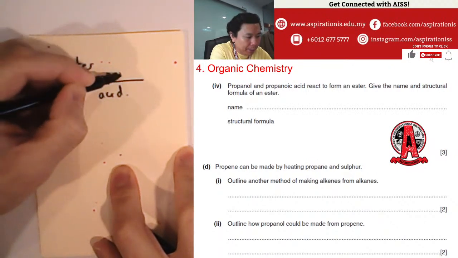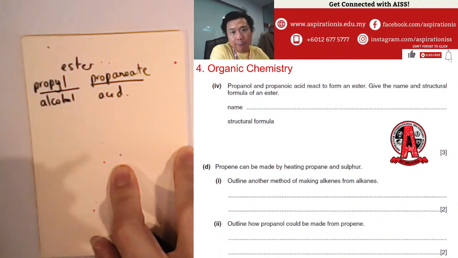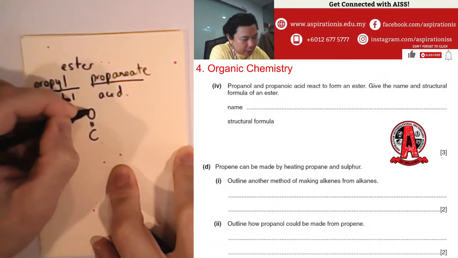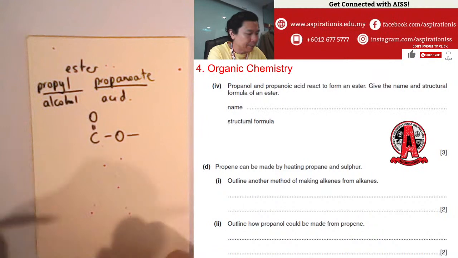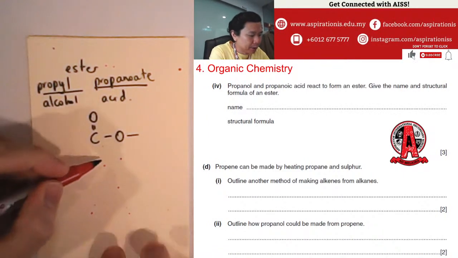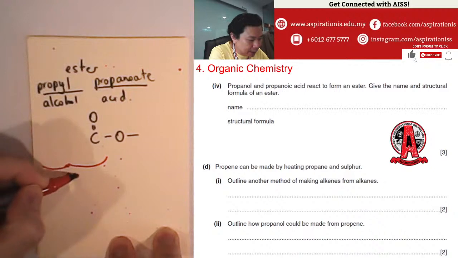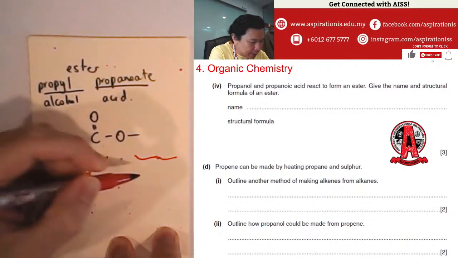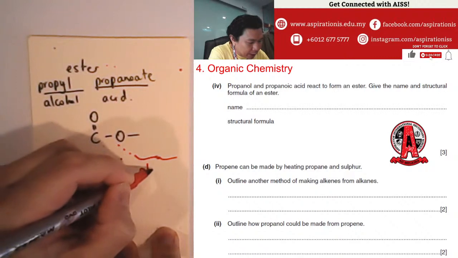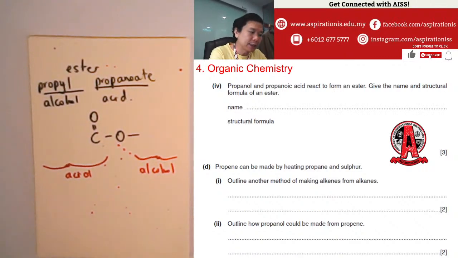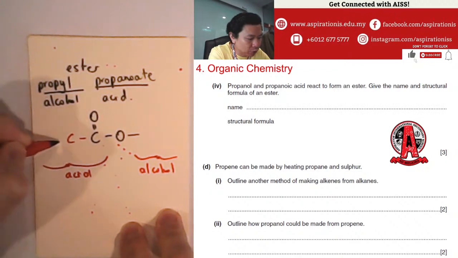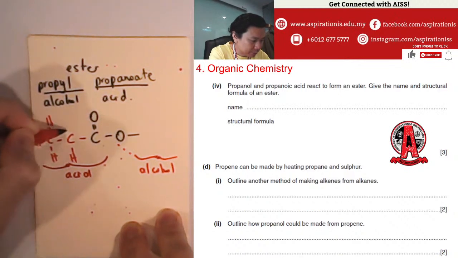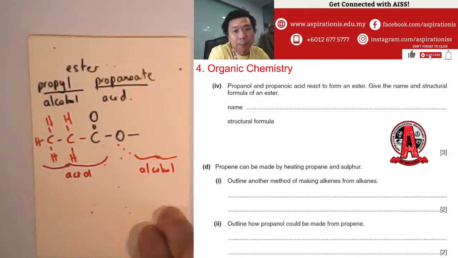Propyl propanoate. And when you come to drawing esters, remember to start with the functional group. I hope that you remember that this is the acid, and therefore this is the alcohol. So the acid is propanoic acid. Propanoic acid has 3 carbon atoms. So you have 1, 2, and 3. And the alcohol is propanol.